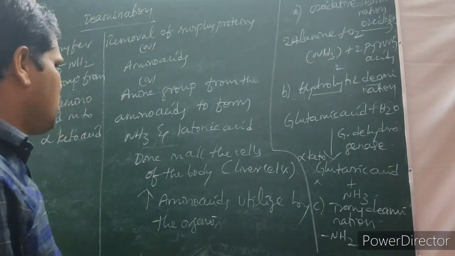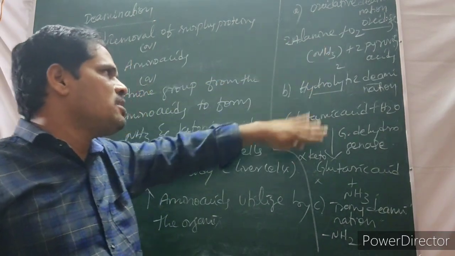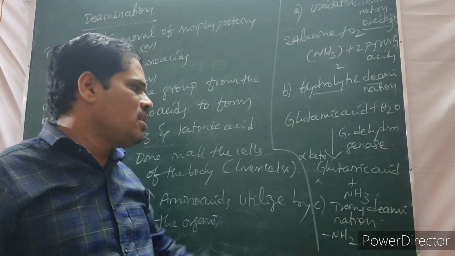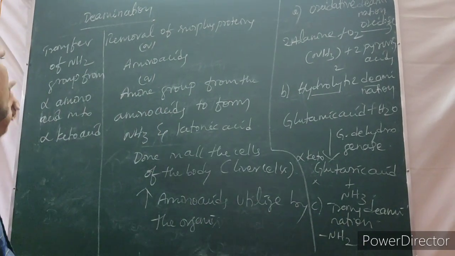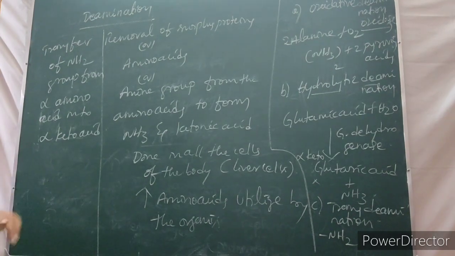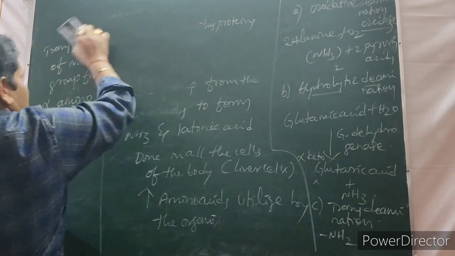This is deamination. Deamination is done in three ways: oxidative deamination, hydrolytic deamination, and transdeamination. The amine group is transferred from alpha amino acid into alpha keto acid. So that is about deamination.